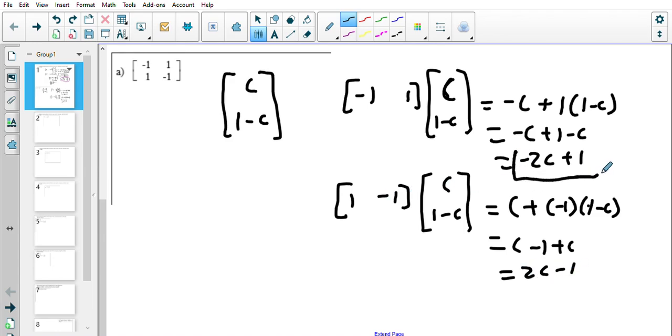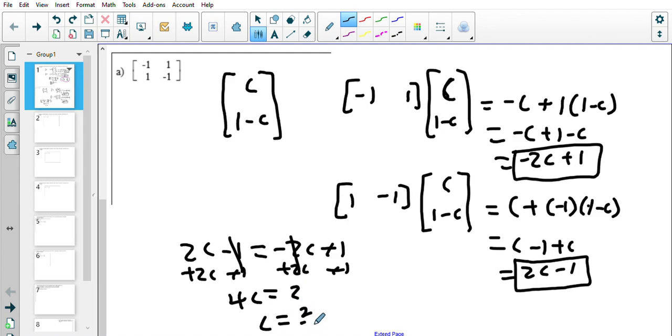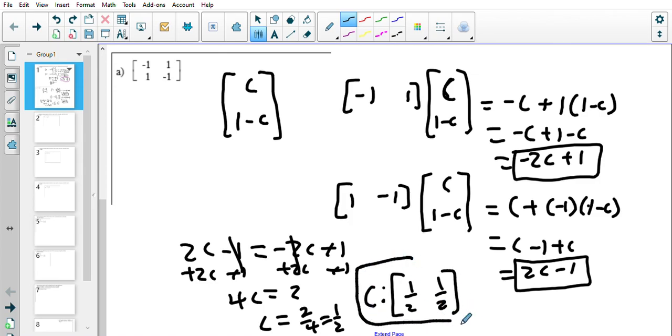So again, we'll set these equal to each other to find the optimal value for C. So we got 2C minus 1 equals -2C plus 1. We can add 2C to both sides and add 1 to both sides. That gives us 4C equals 2. So C is also going to be 2/4 or 1/2. So C's optimal strategy is also going to be 50-50, playing each of their choices half of the time.